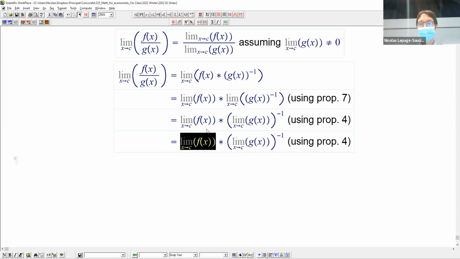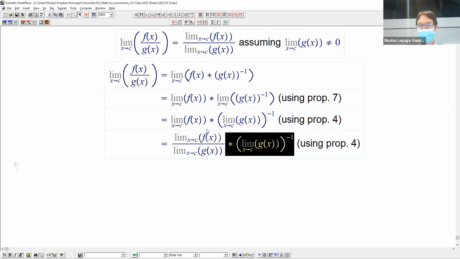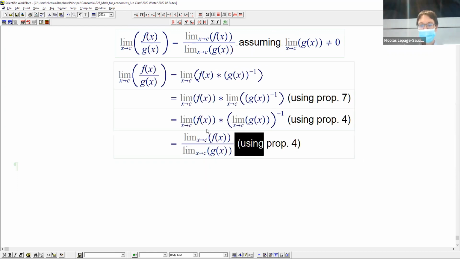Again, always assuming that I can divide. All right.